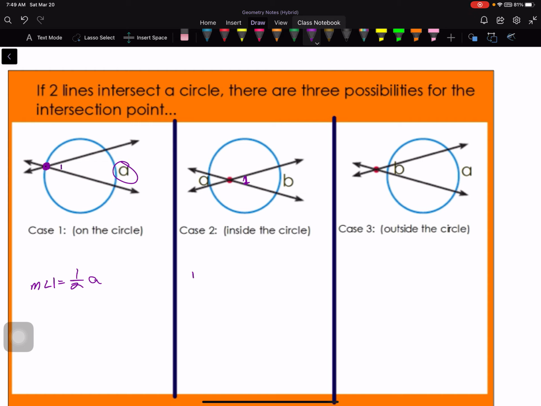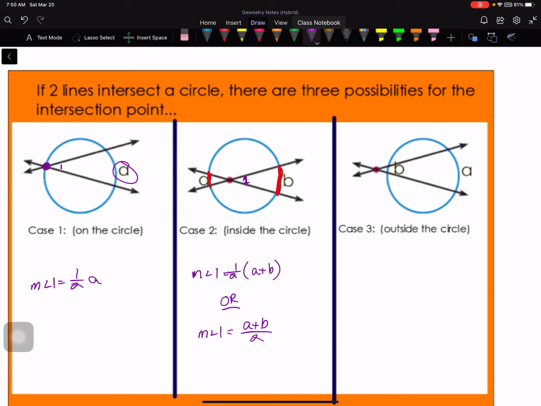So if you want to find the measure of angle 1, and I labeled it 1 there for you, all you have to do is take 1/2 of arc A plus B. So you add together the opposite arcs. So here's arc A, here's arc B. You add them up, divide by 2. Or if you would like this version better, like I said, you add them up, divide by 2.